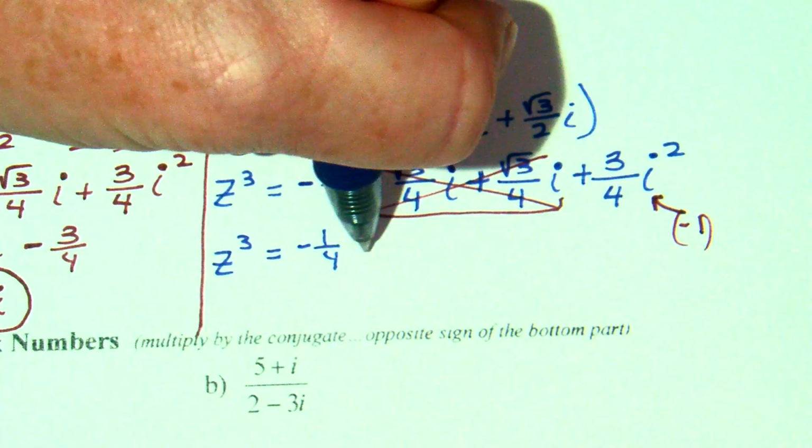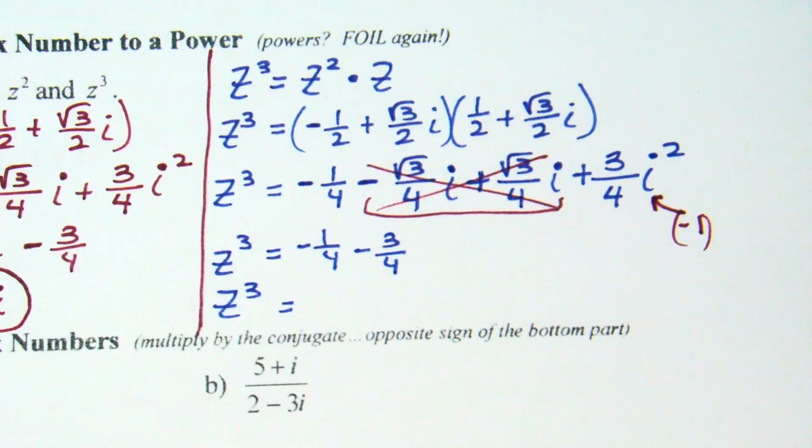Or, how can I express z cubed in the complex number form? Being that a complex number is a plus bi, this is just a regular everyday number. So how can I express it in the a plus bi form, real plus imaginary part, when I only have a real part?